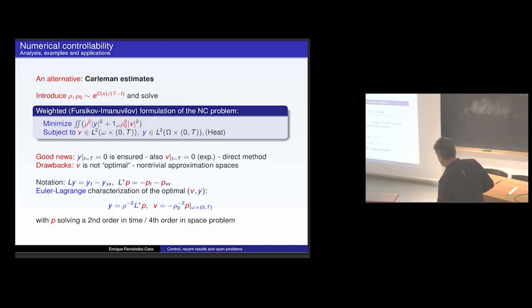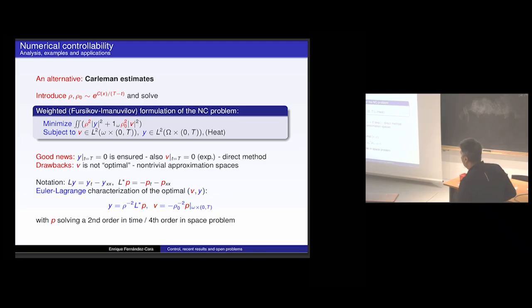That is, y is equal to rho minus 2 times L star of p. L star of p is nothing but the adjoint operator of the heat equation, and v is essentially the restriction of p times rho naught to the power minus 2, restriction to little omega times (0,T).